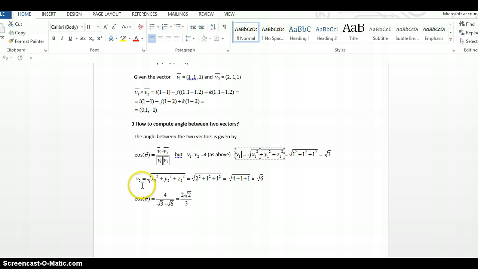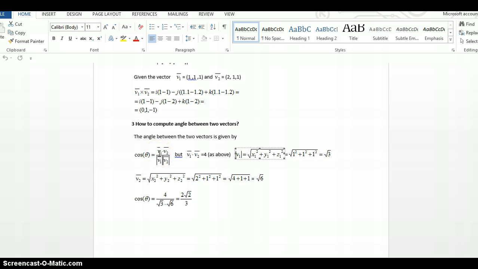For vector v2, we have the components x2, y2, and z2. Then the modulus of vector v1 is root 3 and vector v2 is root 6.